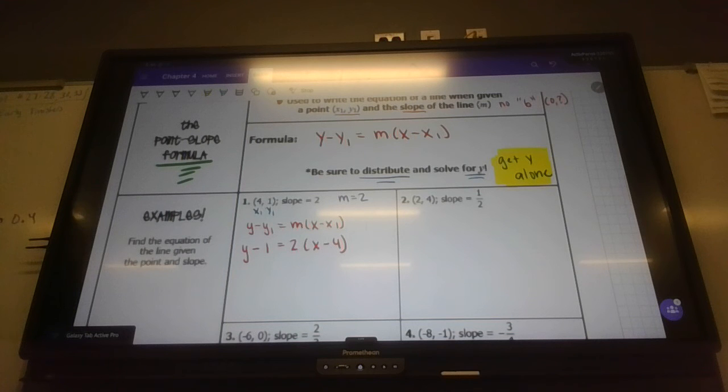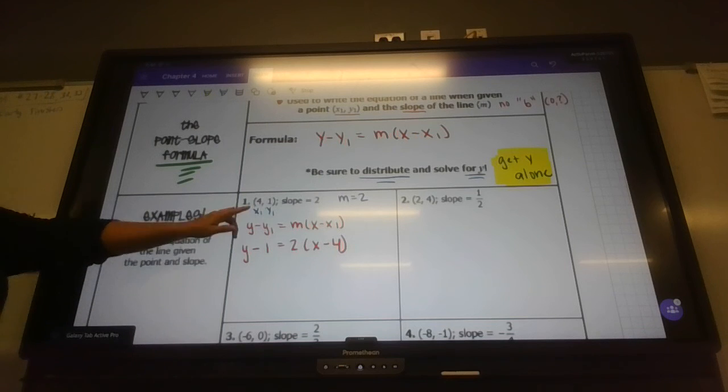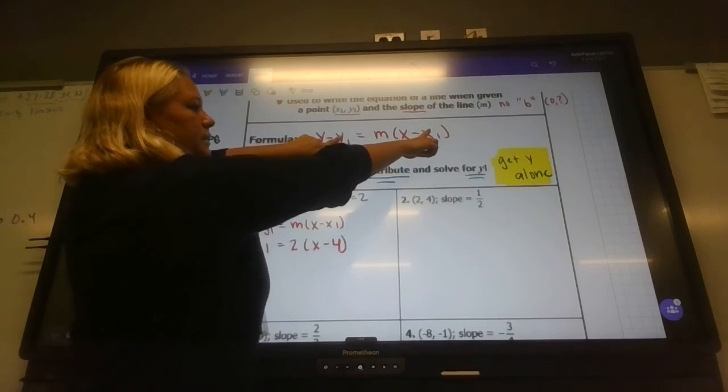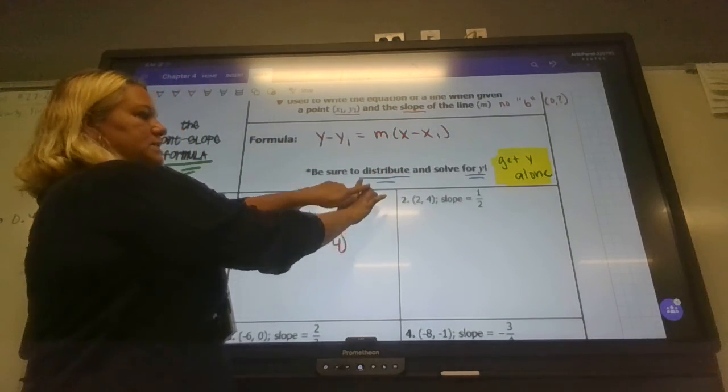Too bad y and 4 look so much alike when I write them. So we're putting this point in right here and here, and we're putting this m in right here.